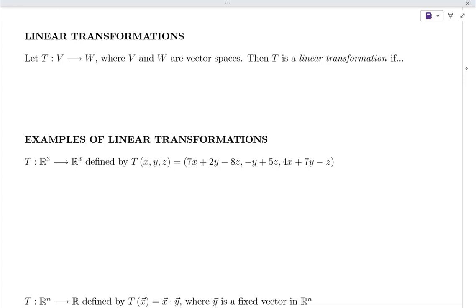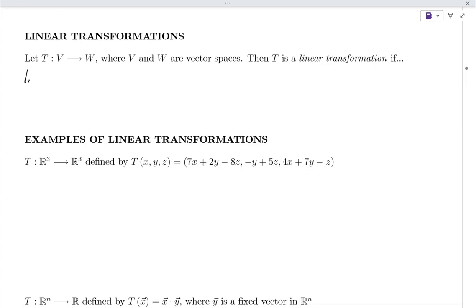We're just using that as our function notation. So a linear transformation to start off with is just a function. The domain and codomain are both vector spaces. What we mean by a linear transformation is that basically the function behaves like you would wish all functions behaved, if you will. So there are two properties that you need to show that something is a linear transformation.